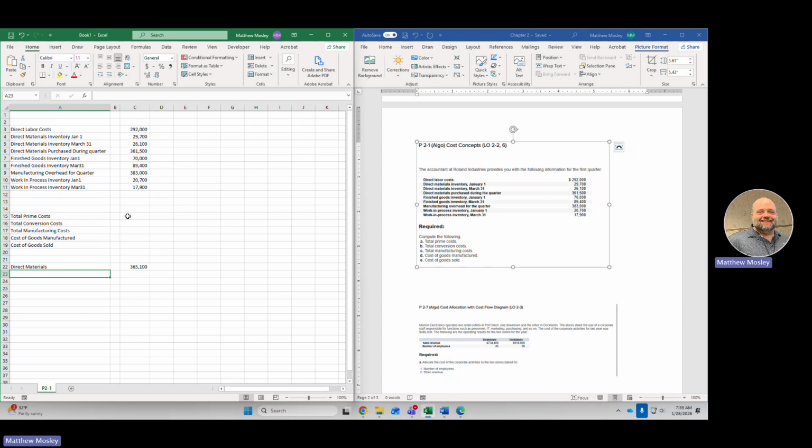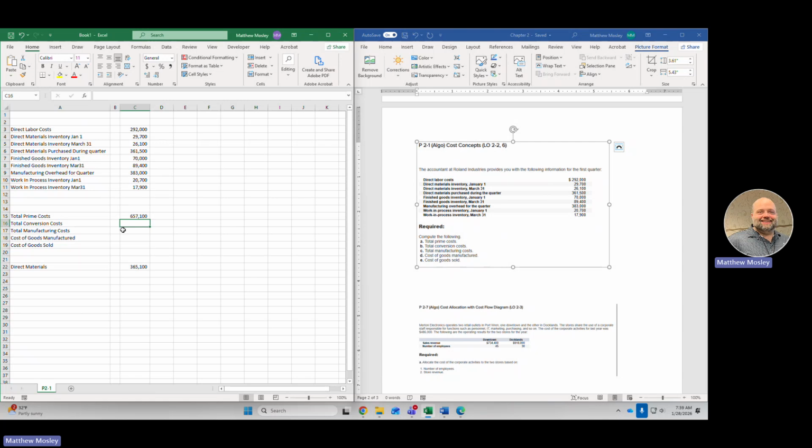All right, so we can go ahead and calculate our prime cost equals direct labor plus direct materials. And if you ended up with 657,100, congratulations. We got the same thing.